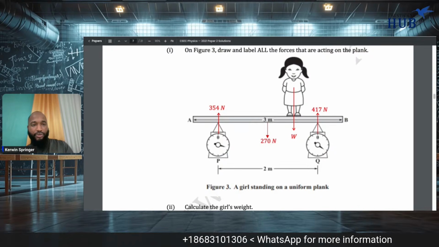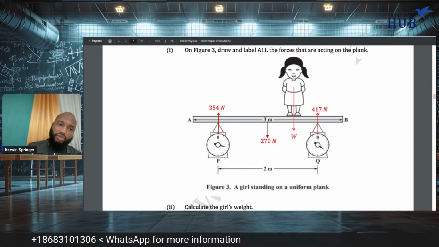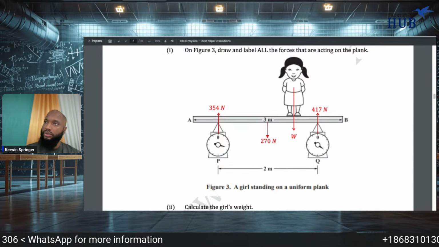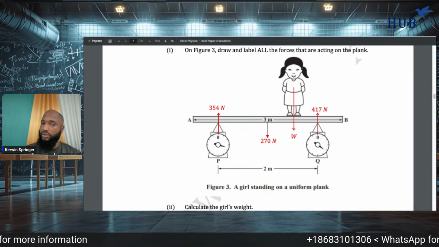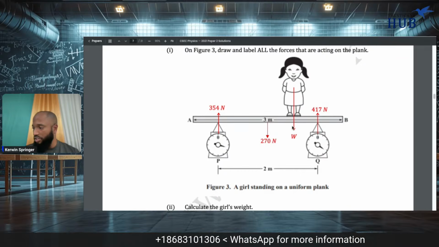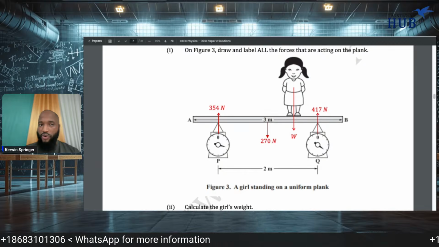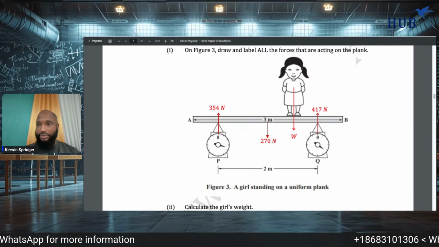Chat, are we cooking? Yes, so W is anti-clockwise, 270 is anti-clockwise. So we have an hour again, people lock in.